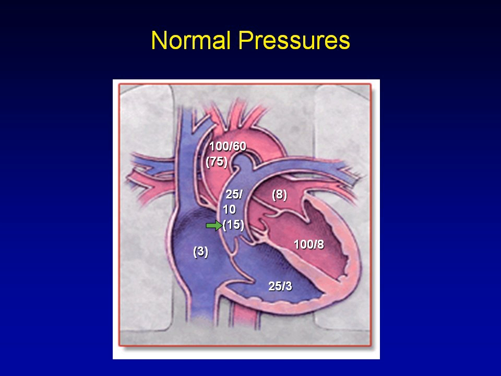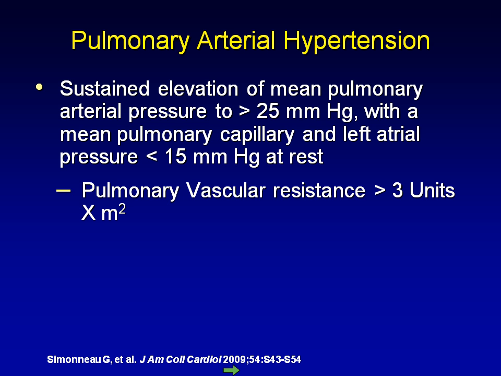So the definition again is sustained or mean constant elevation of pressure in the lungs, the average pressure, and then that average pressure needs to be greater than 25, and that's in the presence of a normal pulmonary capillary or left atrial pressure.